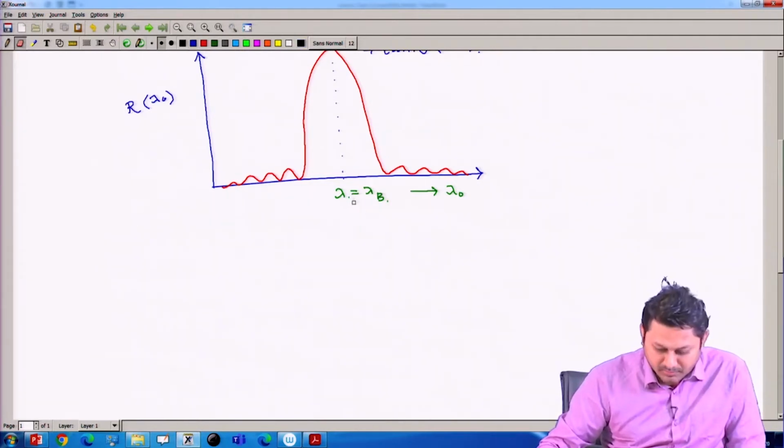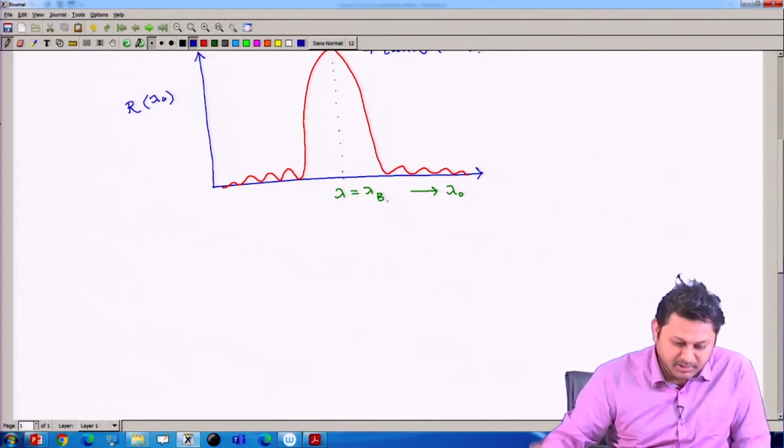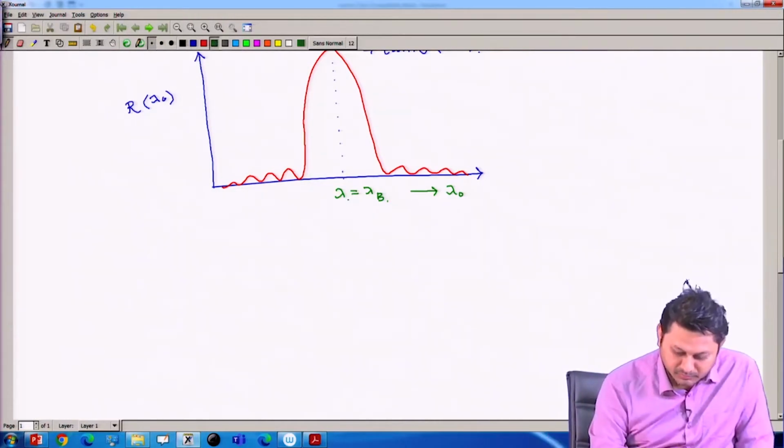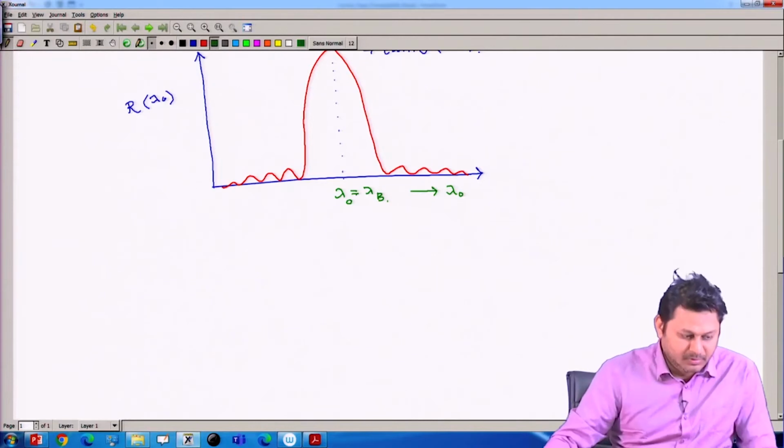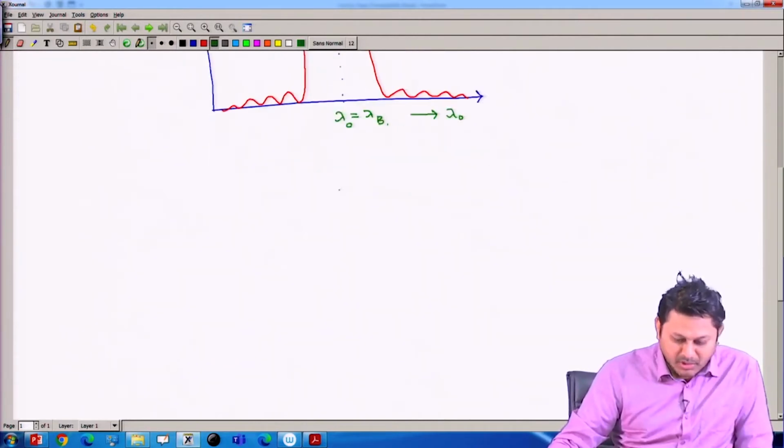Let me rewrite it once again, it is lambda 0. Okay. So, now another condition.